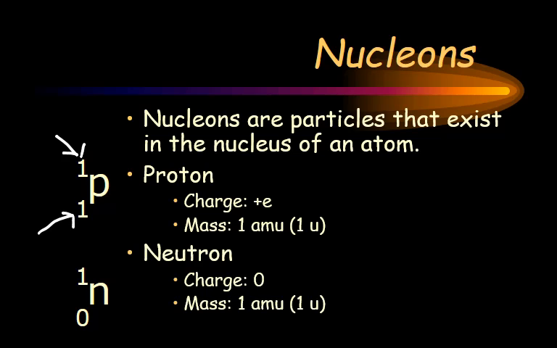The neutron has no charge, and the mass is 1 atomic unit. This is how we write the symbol for a proton and neutron.